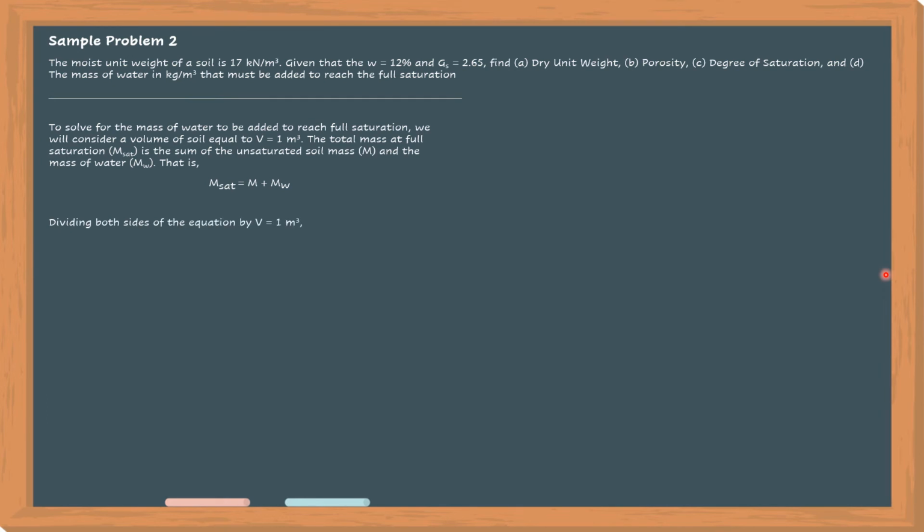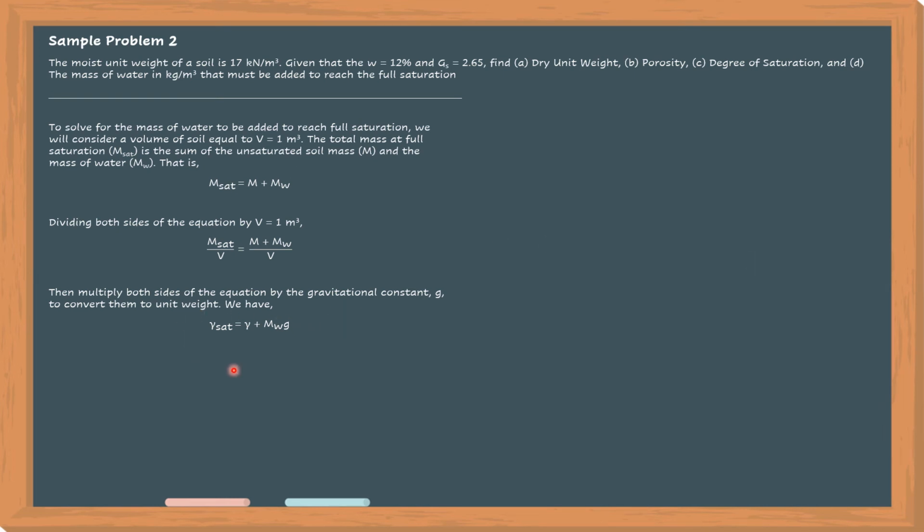And dividing both sides of the equation by V equal to 1 cubic meter, we have this equation. As we know, mass over volume is equal to the density of water. But we are interested in converting the density to unit weight. So we have to multiply both sides by the gravitational constant g. Okay, so we have gamma saturated is equal to gamma plus M sub W times g.